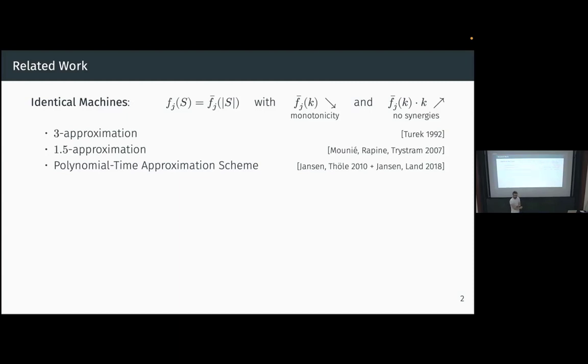And for the identical machine case, that's very well understood. There have been constant factor approximations for quite some time, and a bit more recently, there's this polynomial time approximation scheme. Right? So this problem is actually solved in the sense that it can be solved as well as the classic case of non-malleable scheduling.